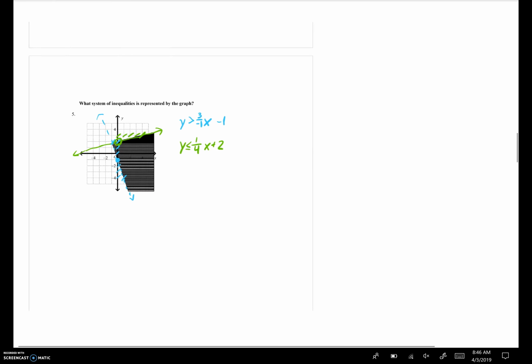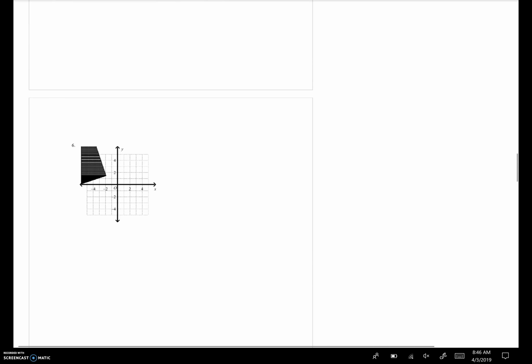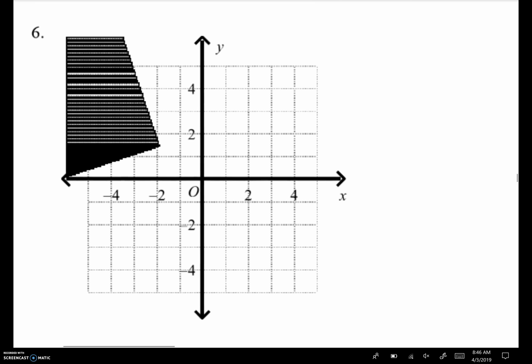One more. Again, extend out your lines. Can't draw a straight line. Let's try that again. Sad day. Still can't draw a straight line.